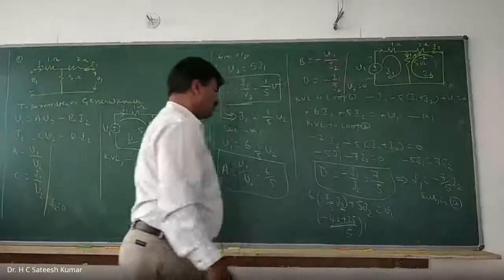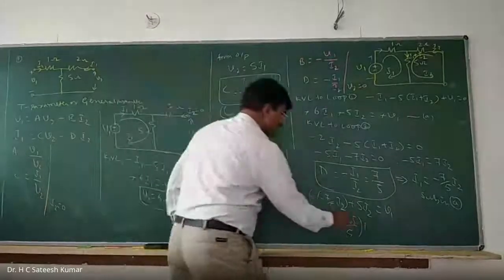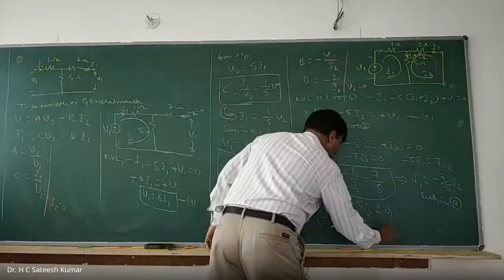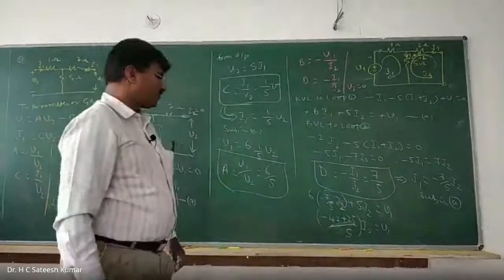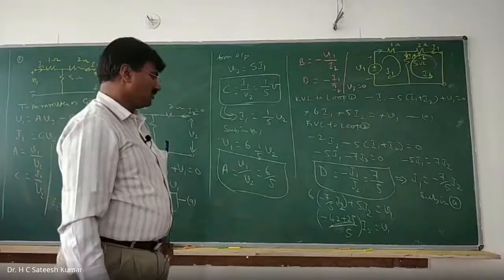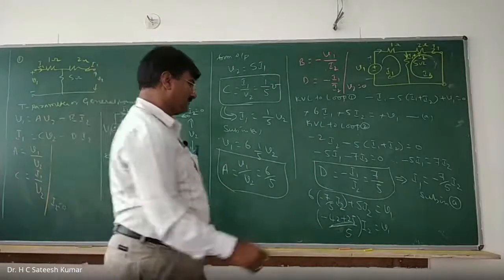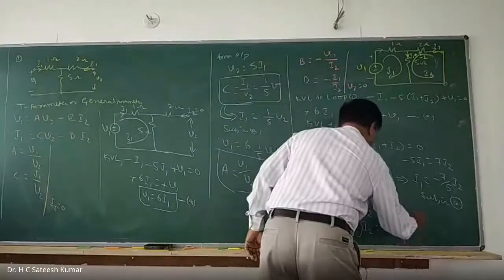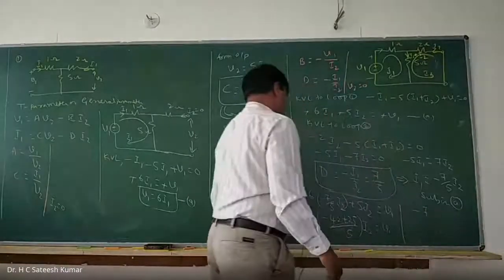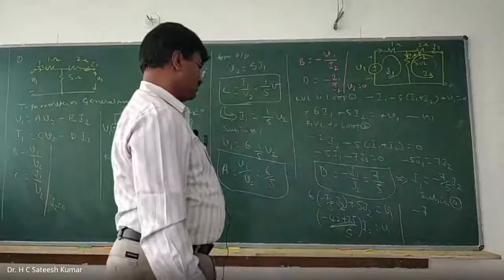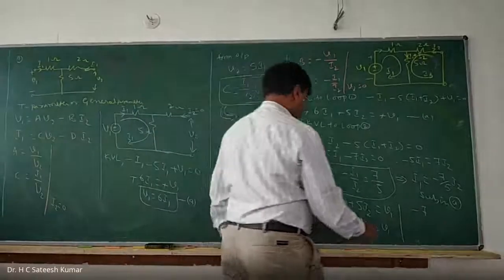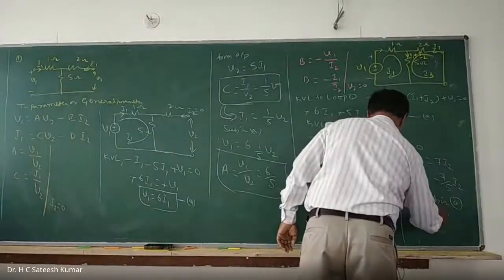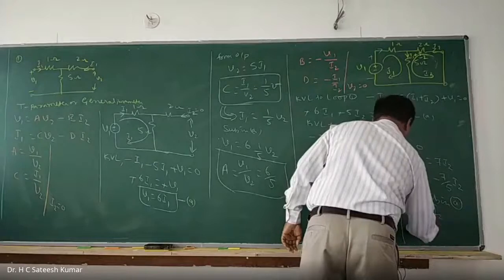So minus 42 plus 25, that is minus 17. Minus 17 I2 by 5 is equal to V1.